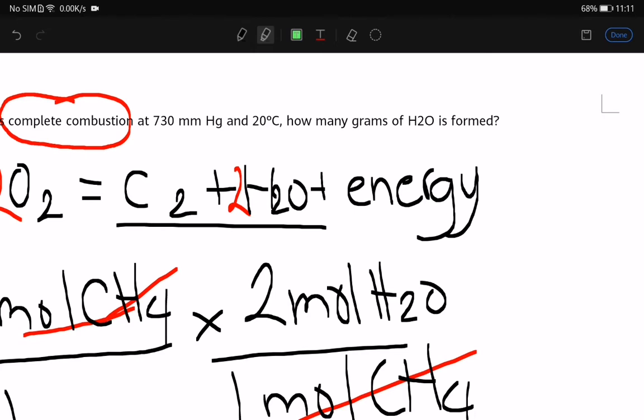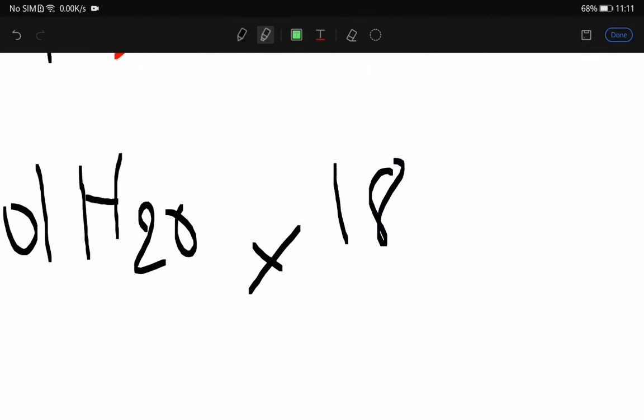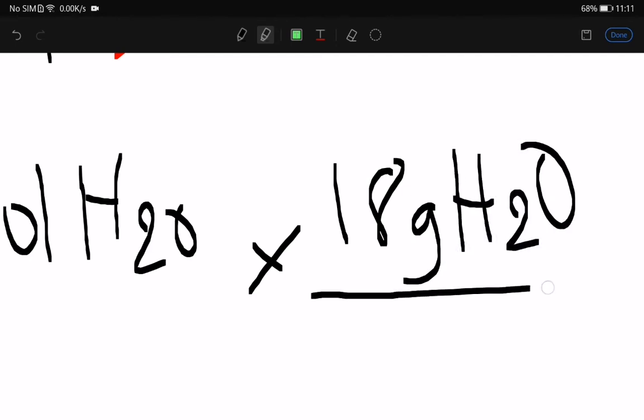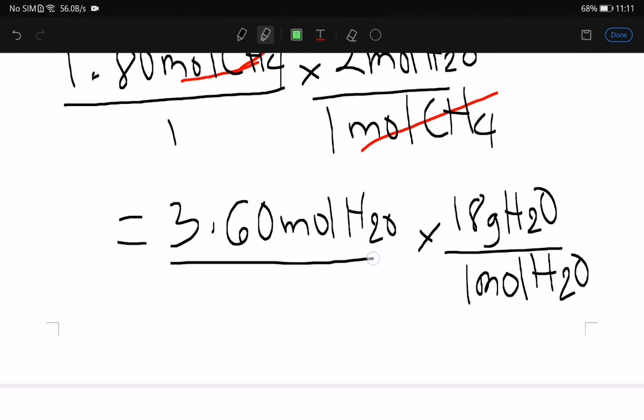Hydrogen is 1, and there are 2 of those, so multiply by 2, we get 2. And the atomic mass of oxygen is 16, so we add 16 to that. So we have 18 grams of H2O per mole of H2O. Put this in.